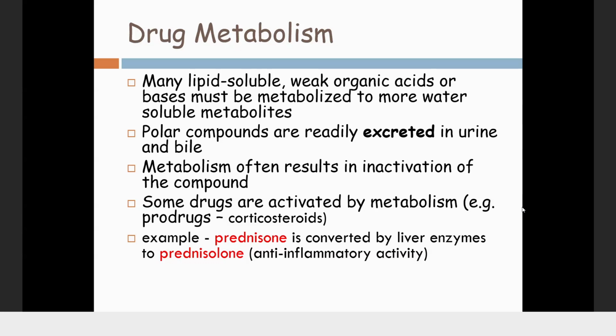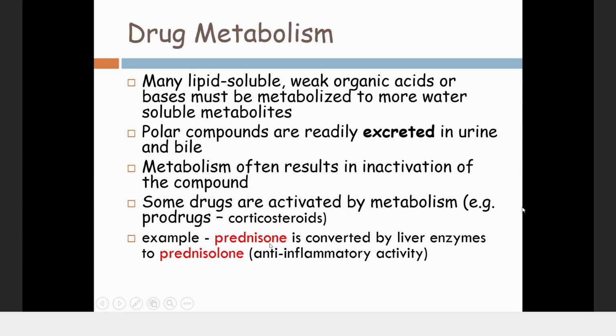So metabolism often results in inactivation of the compound. Some drugs are activated by metabolism, such as corticosteroids. Corticosteroids are referred to as prodrugs because they are activated upon metabolism. Example, prednisone.